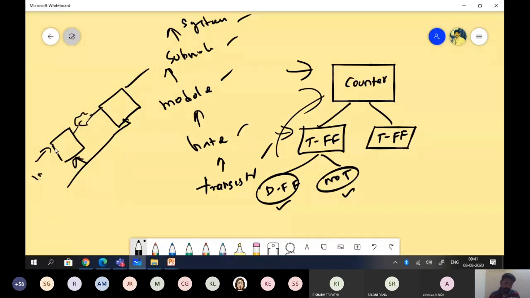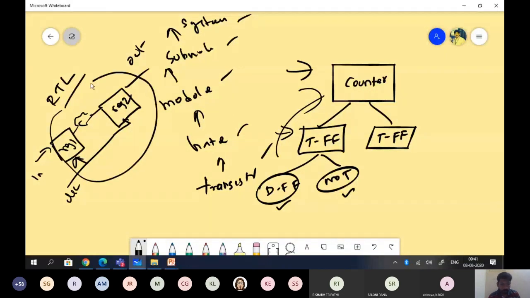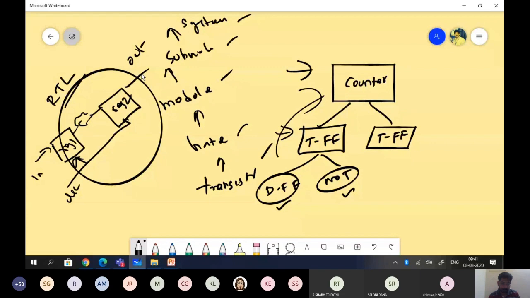So your input to the output, this is reg1, reg2. Okay, so this is RTL, register transfer logic. So all your code or your design will be mapped to this particular RTL logic, register to register. Okay, we call it register transfer logic.